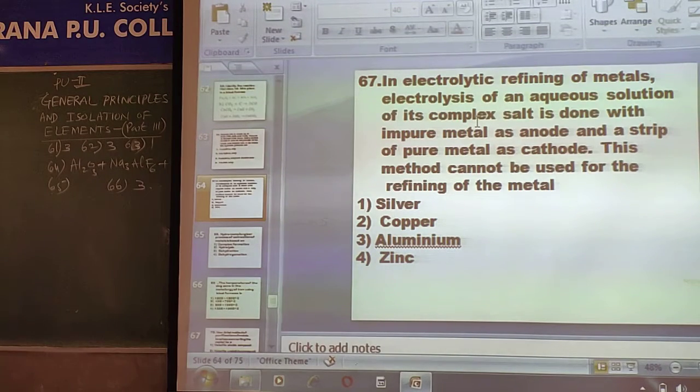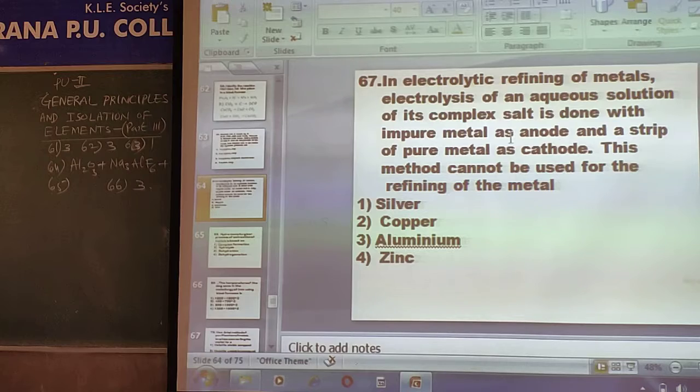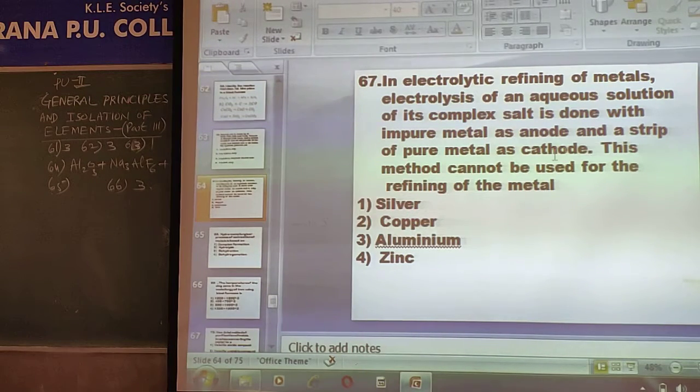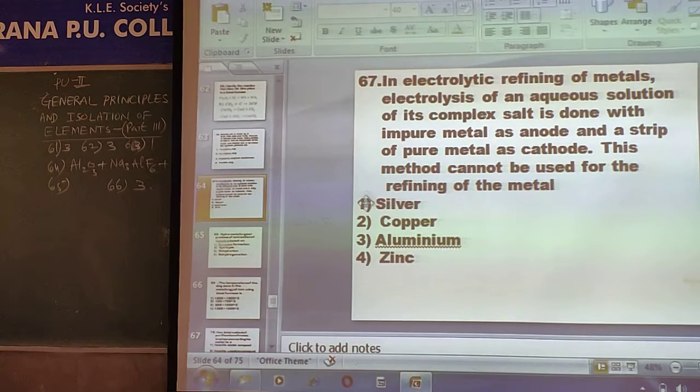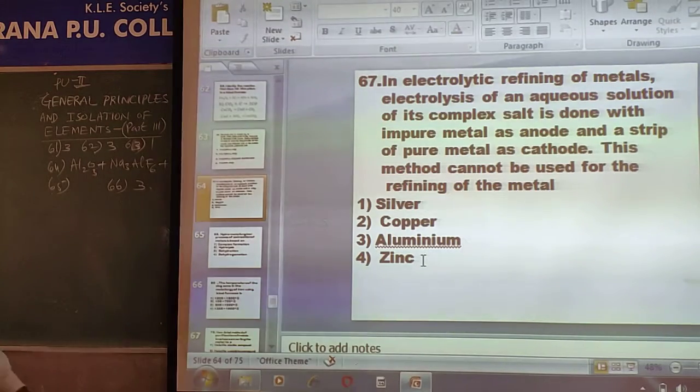In electrolytic refining of metals, electrolysis of an aqueous solution of its complex salt is done with the impure metal as anode and a strip of pure metal as cathode. This electrolysis method refines the metal into pure form, 99.98%. This method cannot be used in the refining of which metal? That is zinc, which easily evaporates. So in the case of zinc, this electrolysis method is not used.